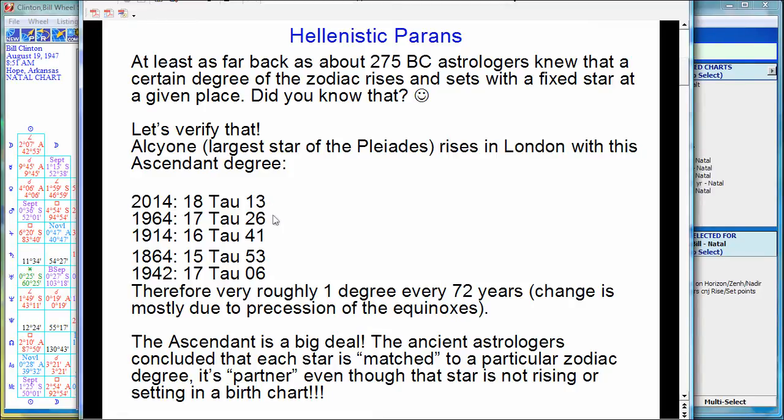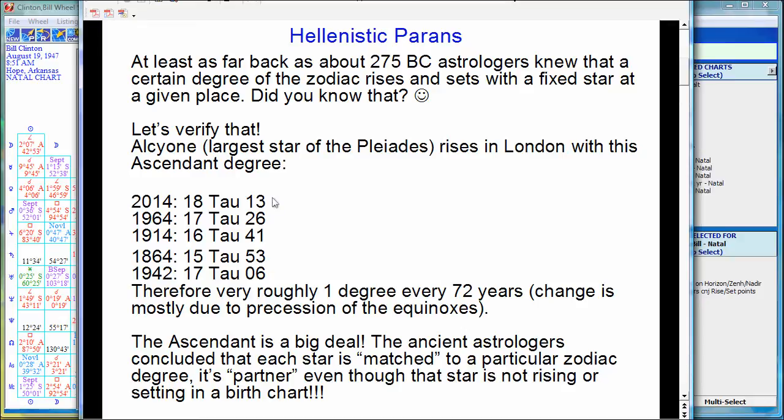If you go back 50 years earlier, it has moved back to 17 Taurus 26, and 50 years before that, it's 16 Taurus 41. Most of this is due to precession of the equinoxes, not all of it. So it's somewhere around a degree every 72 years, but not exactly.